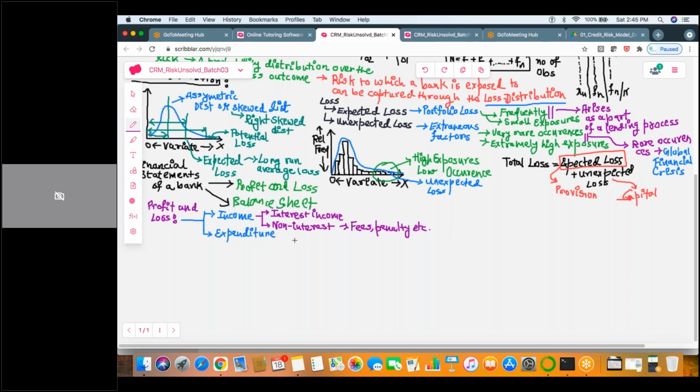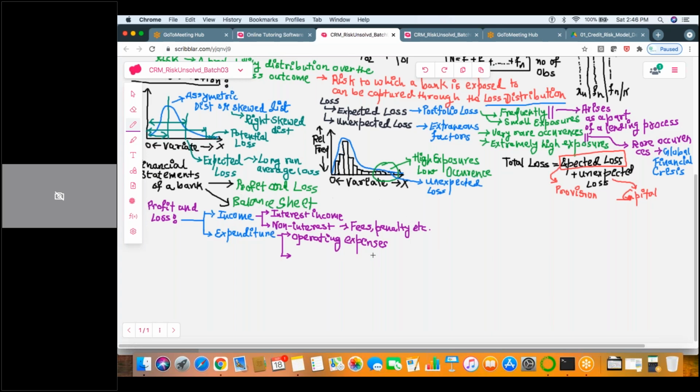Now the expenditures that we have over here comprise of two parts. One is the operating expenses: salaries, electricity, etc. The other is the provisions.